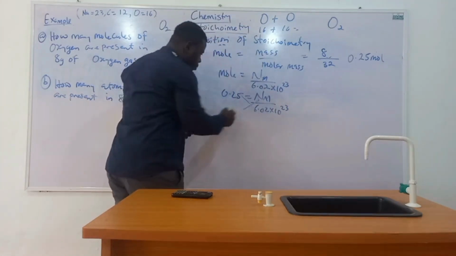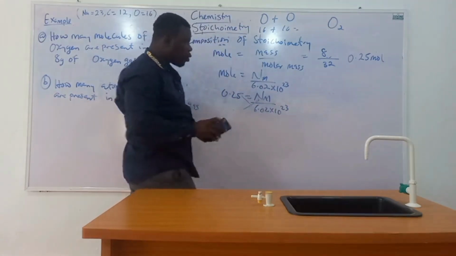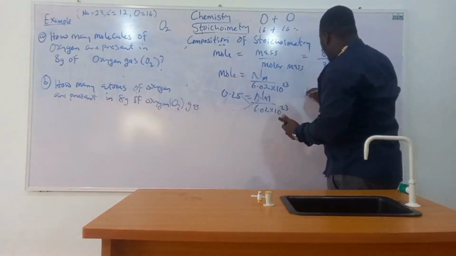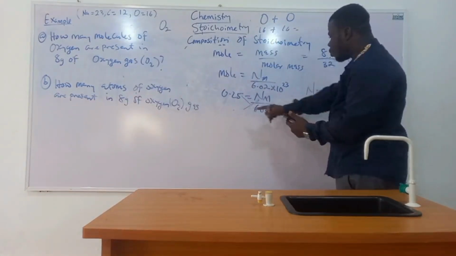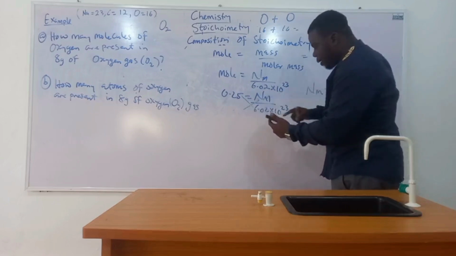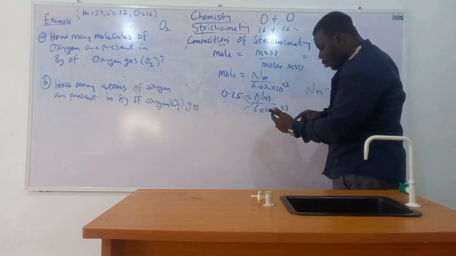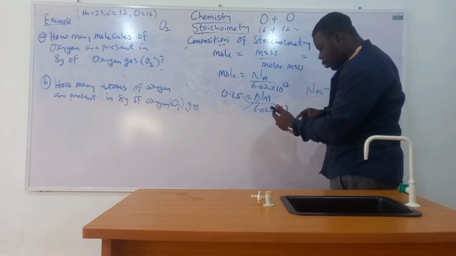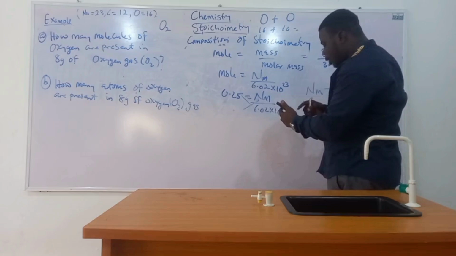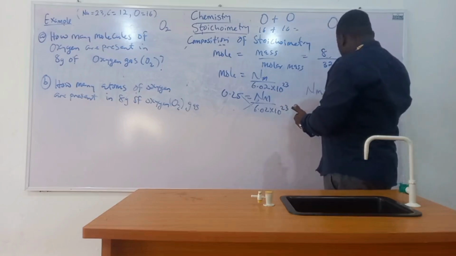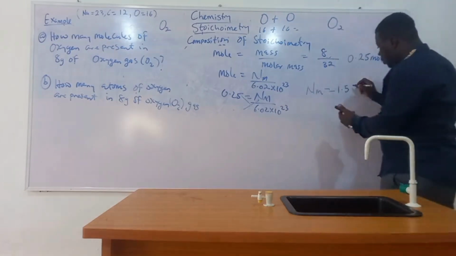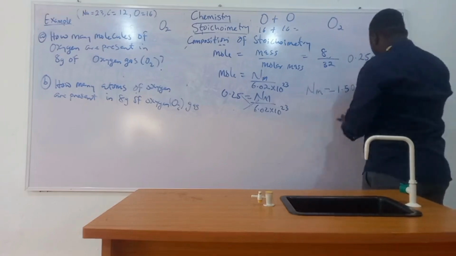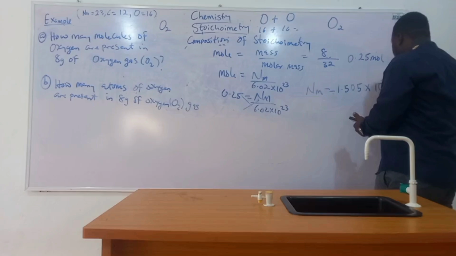Now, if we cross multiply, the number of molecules is equal to 0.25 times 6.02. So this is 1.505 times 10 raised to the power 23.